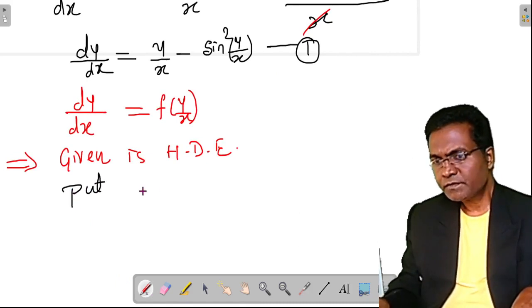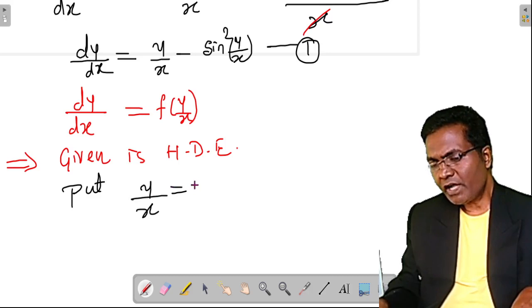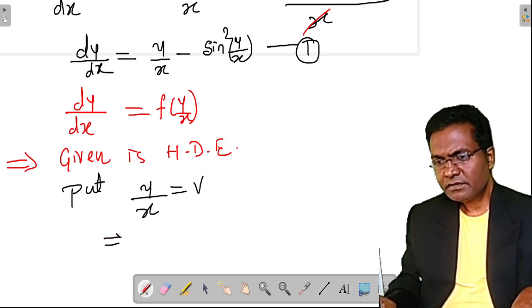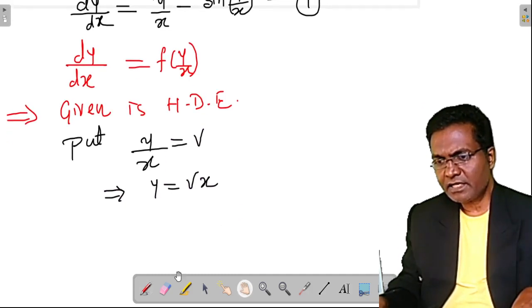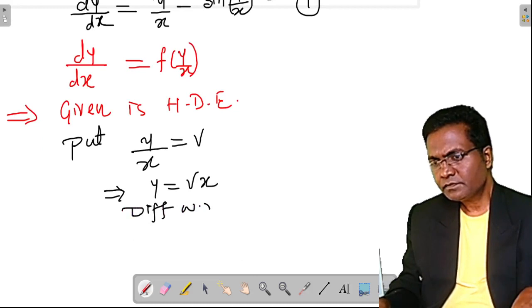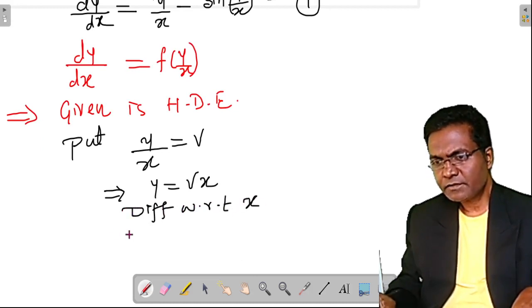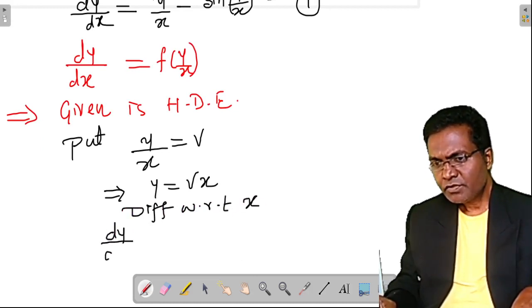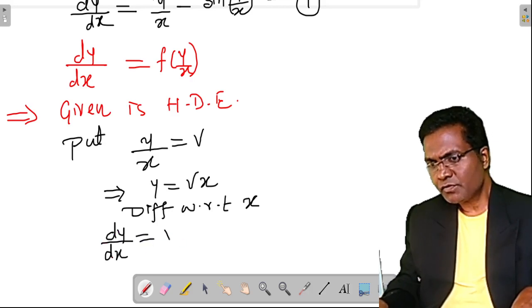So put y by x is equals to v, that implies y is equal to vx, and as earlier differentiate with respect to x. So dy by dx is equals to v plus x dv by dx.